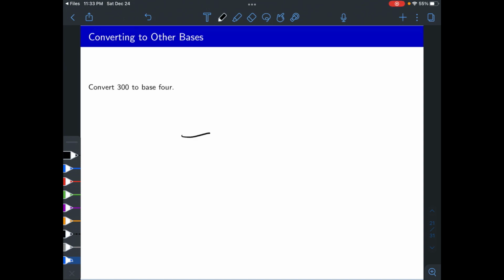So, all right, let's put down our place values. Our place values for base 4 would be 1, 4, 4 squared, which is 16, 4 to the third, which would be 64, and then the next biggest one would be 256. The next biggest one would be 1024.